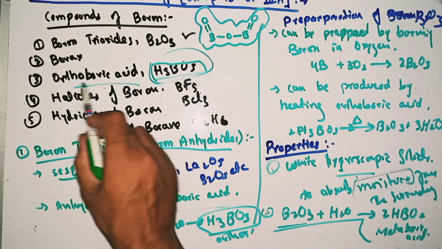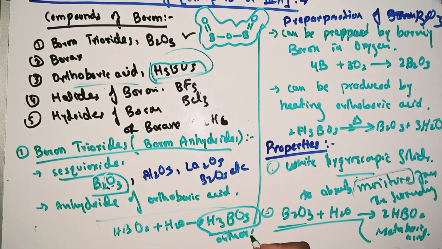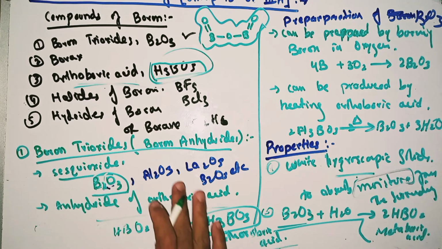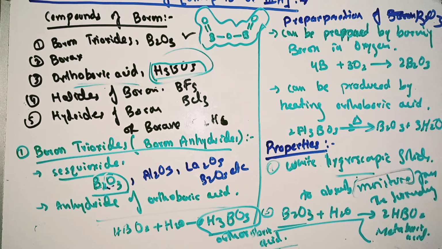That is the third point, orthoboric acid. So by reversing this process, from orthoboric acid, boron trioxide can be prepared. That's why boron trioxide is also called the anhydride of orthoboric acid. I hope this point will be clear.